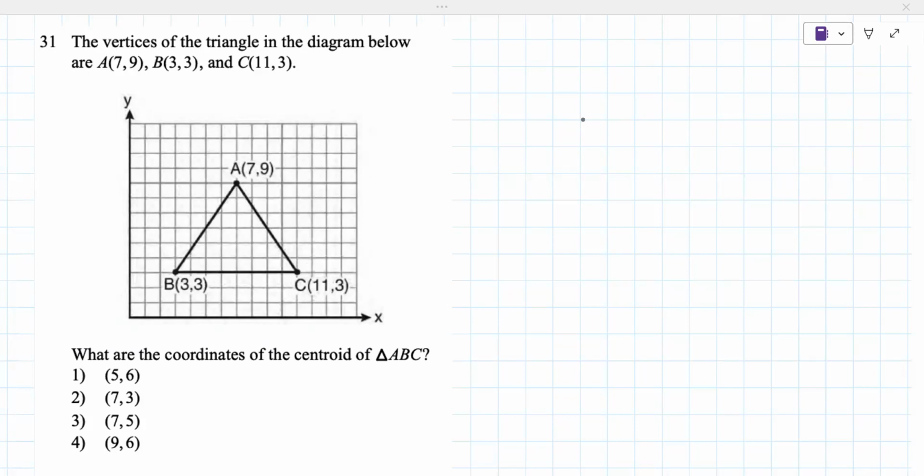So you've got to find the midpoint of BA, AC, and BC. So I guess I'll have you start with that. Go ahead and find those three midpoints for me, please.